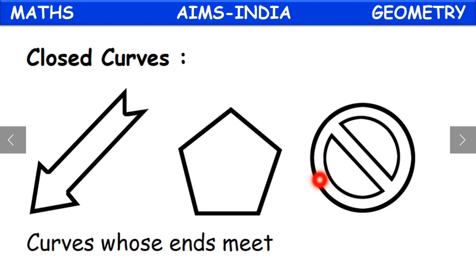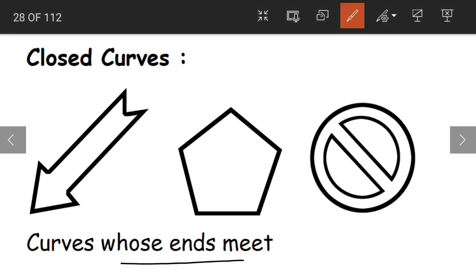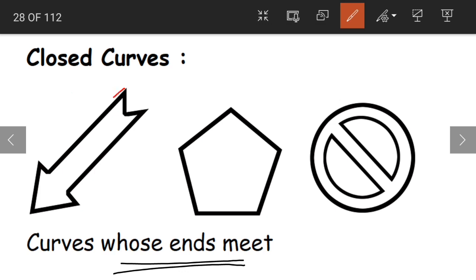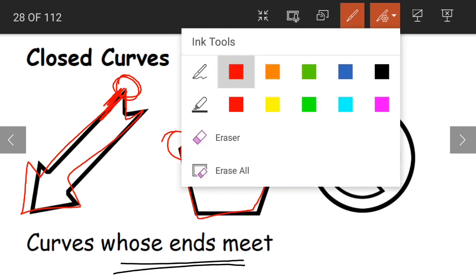So obviously, what will be the closed curves? Closed curves are those whose ends meet. See here, children, suppose I start drawing from here. When I complete, again my ending point is meeting the starting point. Again, if I start drawing from here, at the end I am meeting my starting point again.